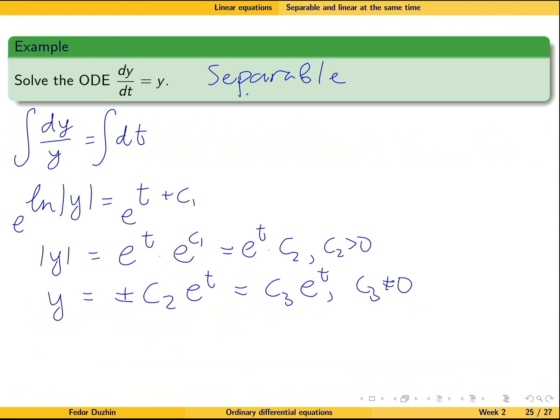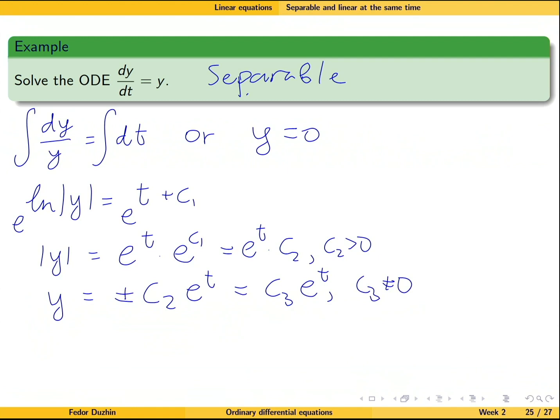So is it all? Is it true that any solution can be written in the form any non-zero constant times e to the t? Well, not yet. This is because initially when we separated the variables, we divided by y. But y may also be 0.